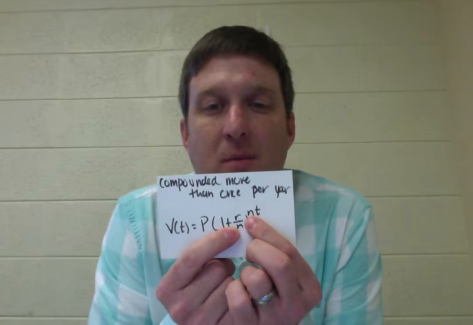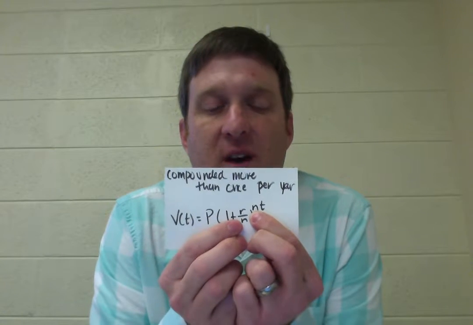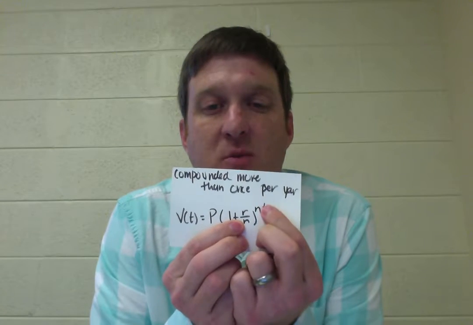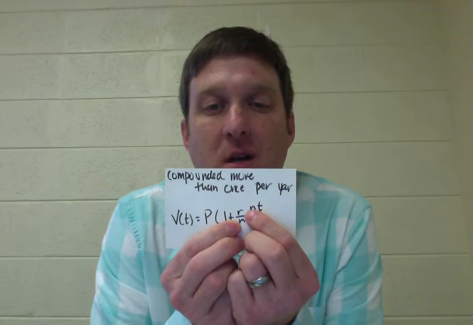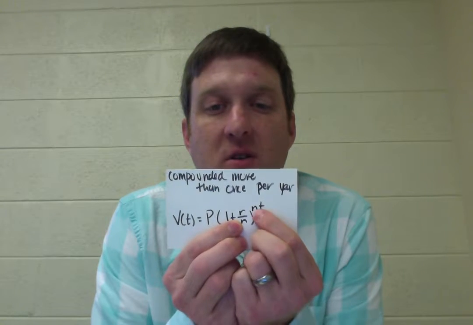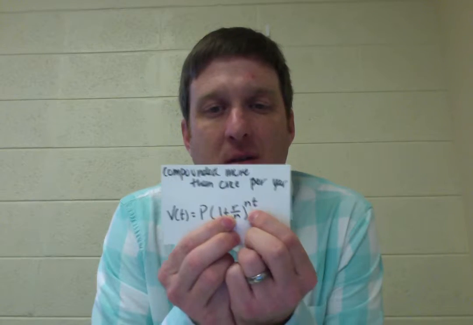So if you're compounding quarterly, n would be 4. And if you did it over 5 years, it'd be 4 times 5. Your exponent would be 20 because there'd be 20 times that you compounded it.